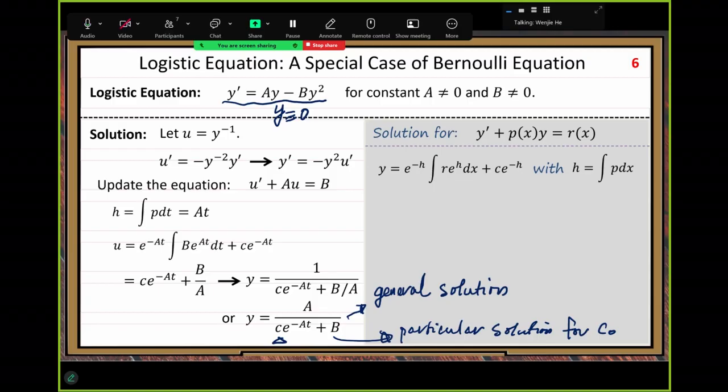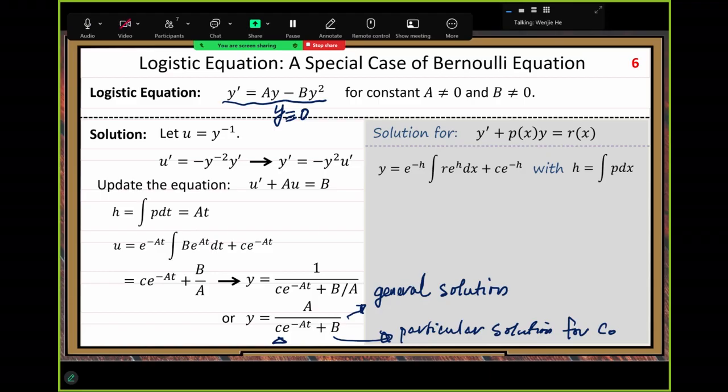So it's a simple, trivial solution. But the interesting thing is, this y equals 0 solution you cannot get from the general solution. No matter what c you choose, y can never be 0, because the numerator is non-zero and the denominator cannot be 0; non-zero over non-zero cannot give 0.